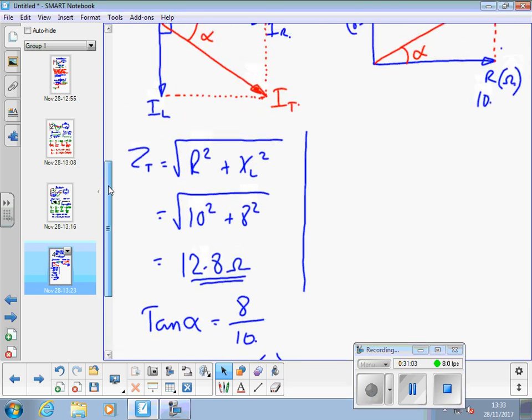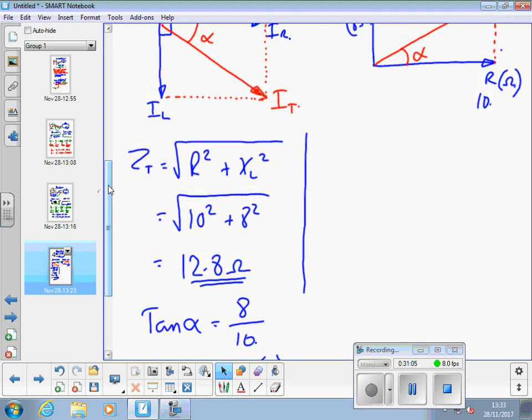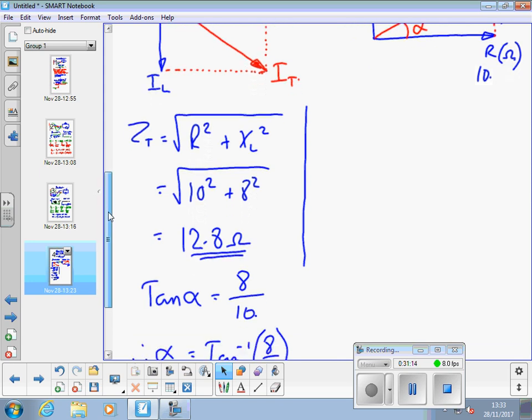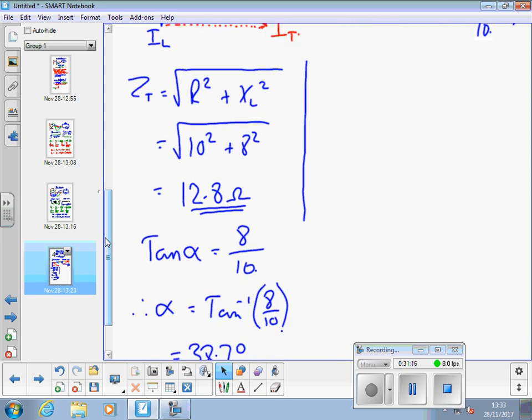Summarise that for the recording. Calculate the total impedance using Pythagoras' theorem. That'll give us the length of the phasor. Square root of R squared plus XL squared comes out at 12.8 ohms.